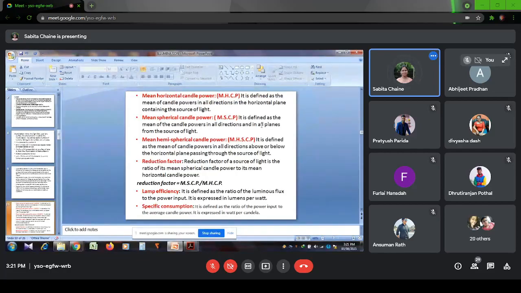Okay. Then you go for the mean spherical candela power. It is defined as the mean candela power in all directions, in all planes from the source of light. So if the plane is spherical, that is in all directions. So all the planes from the source of light, according to your object.